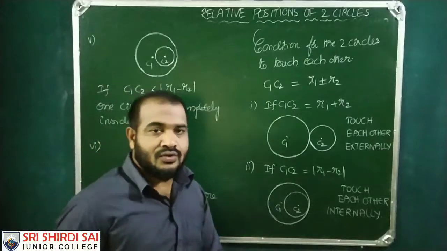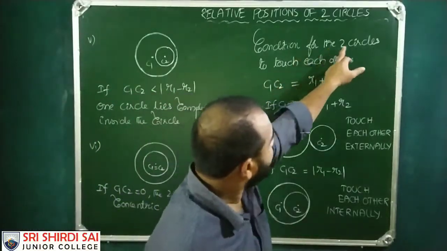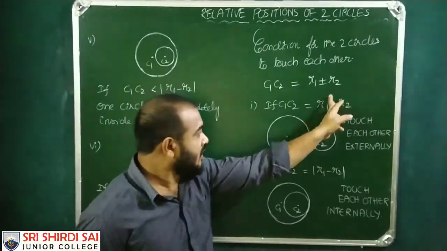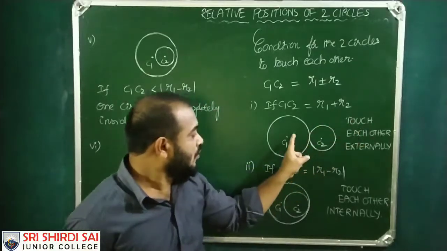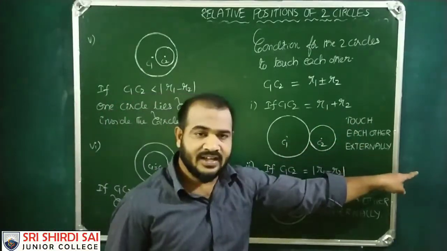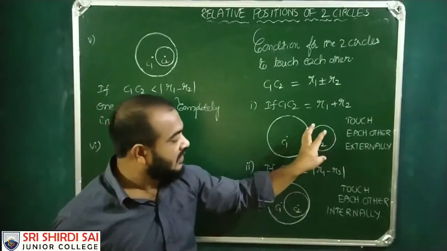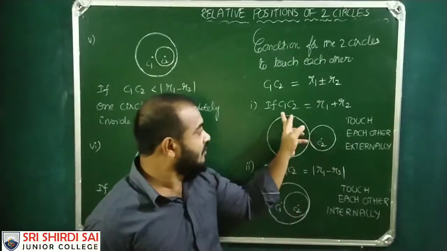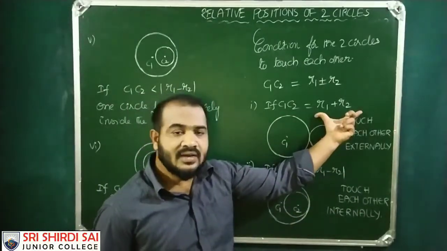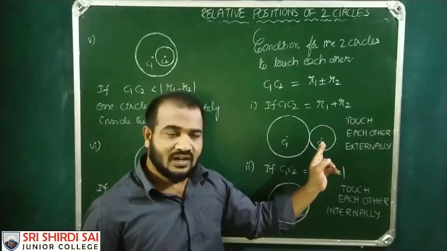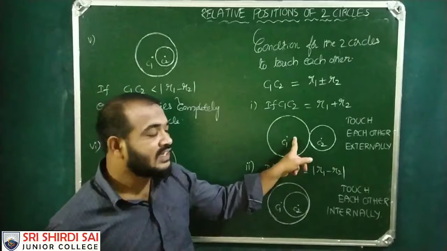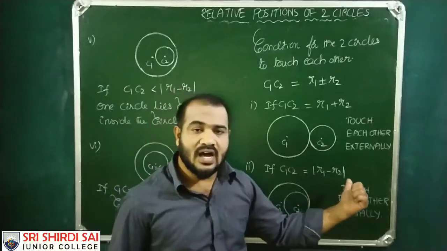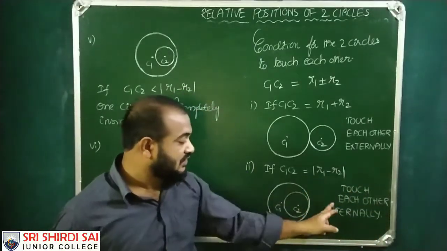What we have understood is the condition for two circles to touch each other. If C1C2 equals R1 plus R2, the two circles touch each other externally: one circle touches the other circle from outside, and one circle lies completely outside the other. If C1C2 equals R1 minus R2, the two circles touch each other internally.